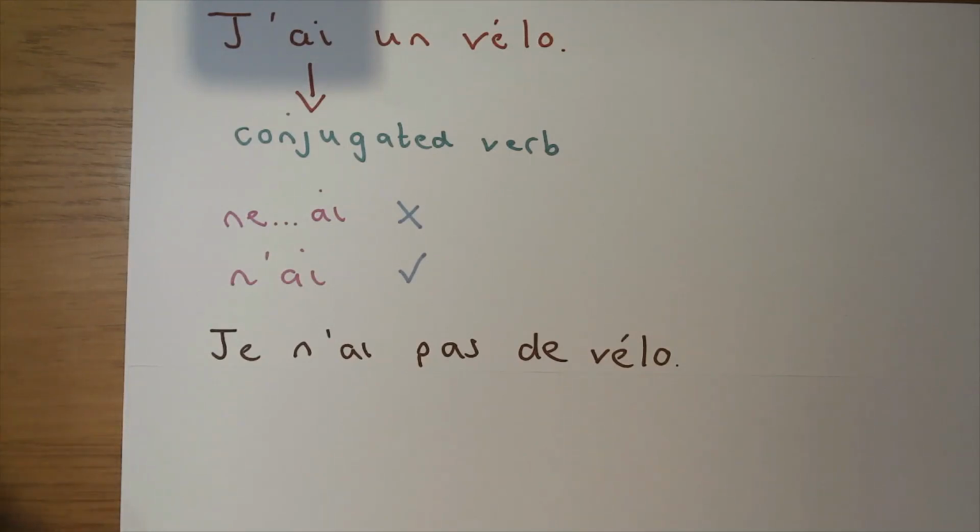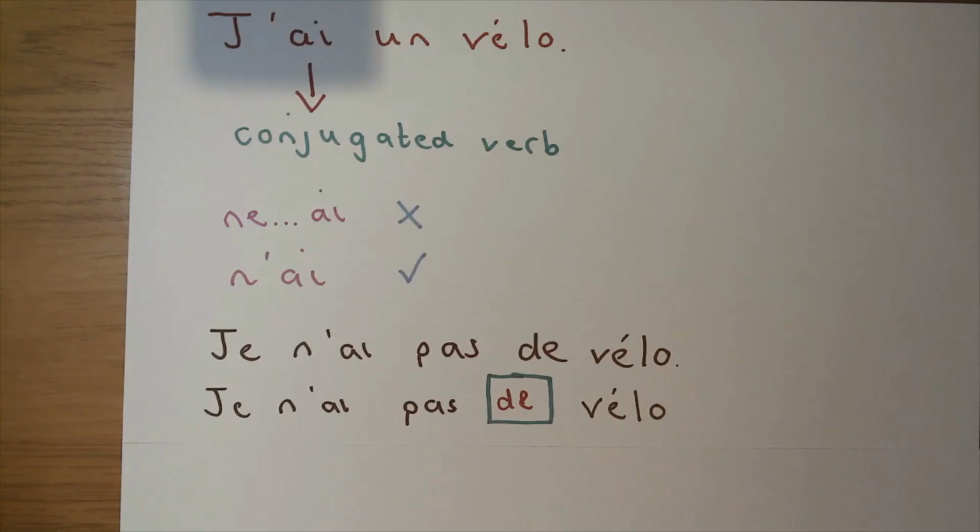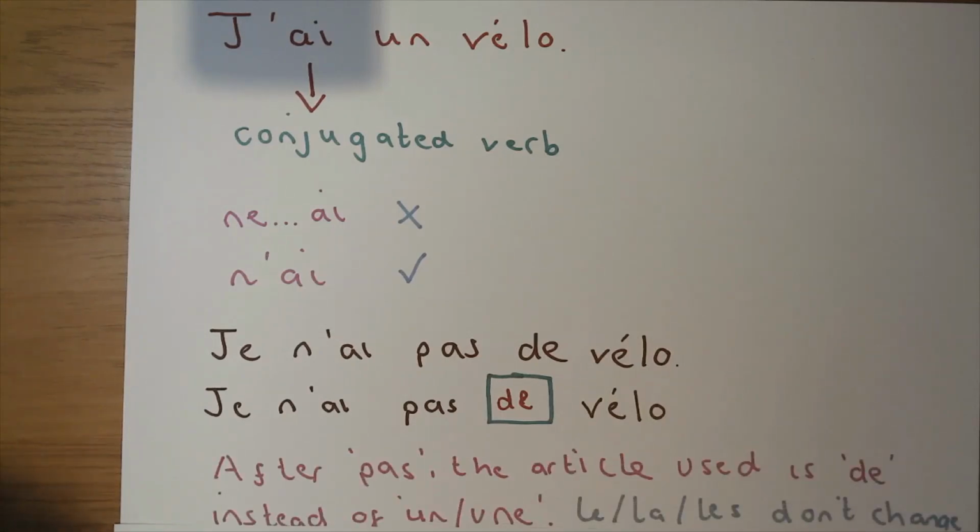Again, you should be looking at that sentence that you can see now at the bottom and thinking something has changed there. And you are correct in that the de has replaced the un. So the reason being is that after pas, so the ne pas negative structure, the article used becomes de instead of un or une.